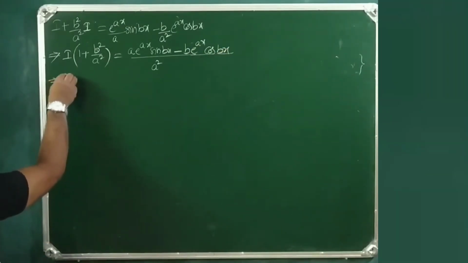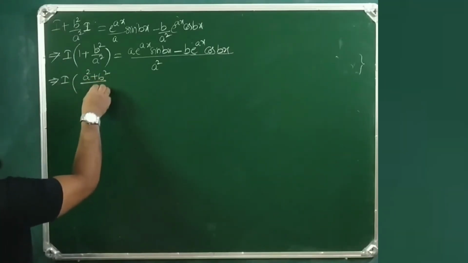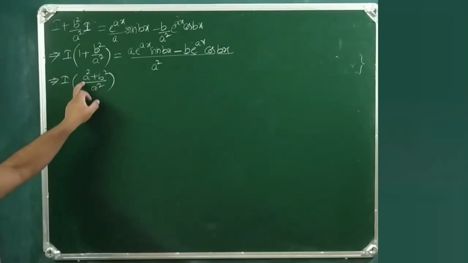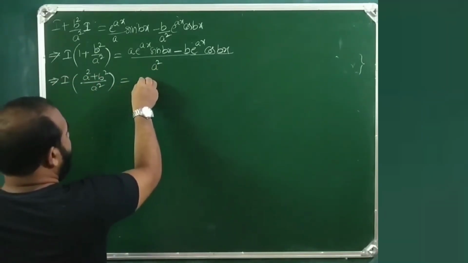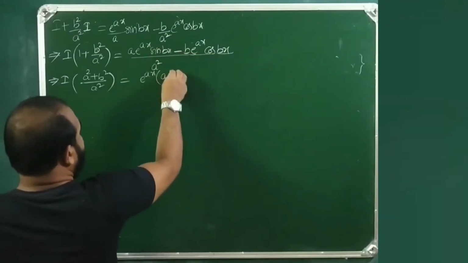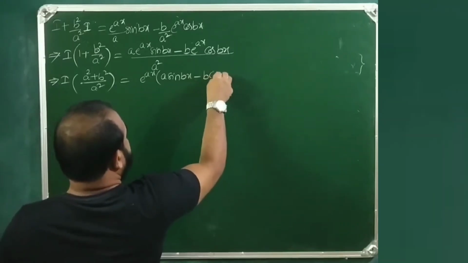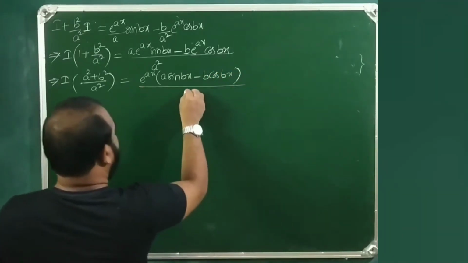This implies I into a square plus b square by a square, since a square is the LCM. So here, take e power ax common in both of them, then we'll get a sin bx minus b cos bx by a square.